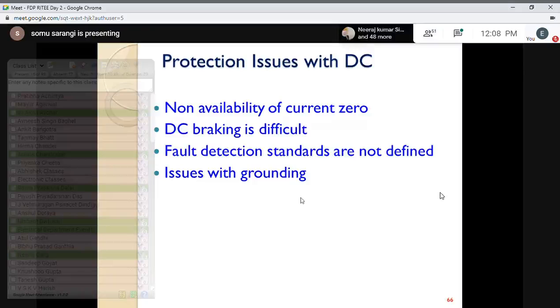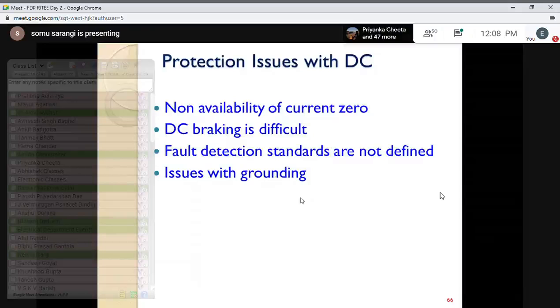So why is DC breaking difficult? That is because the magnitude of the DC current is very high, and circuit breakers are not designed to break the circuit at a higher current level, and the current zero is also not available. Fault detection standards are also not defined.